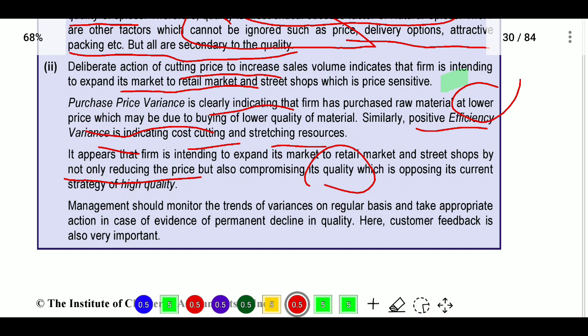Management should monitor the trends of variances on a regular basis and take appropriate action in case of evidence of permanent decline in quality. Taking customer feedback is also very important. This is the case law.